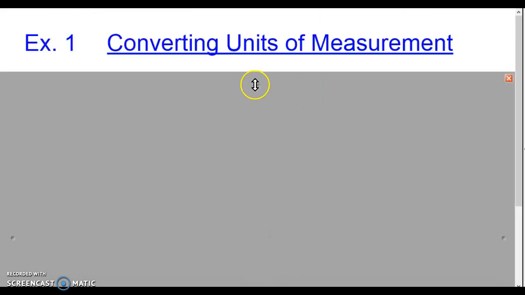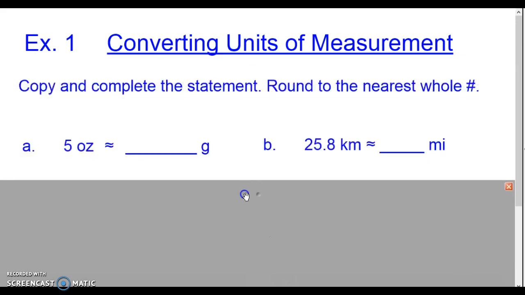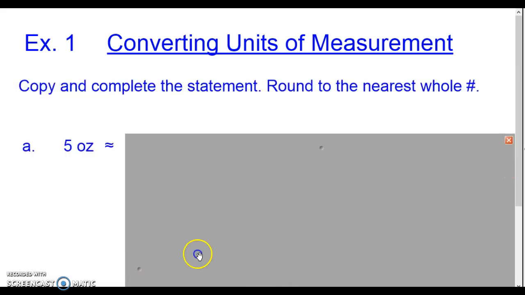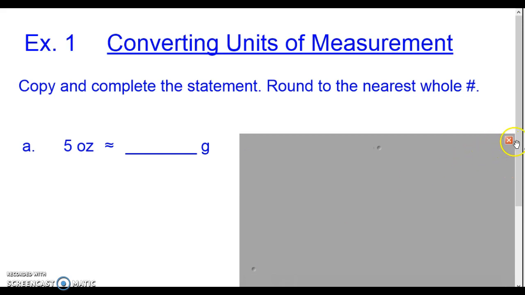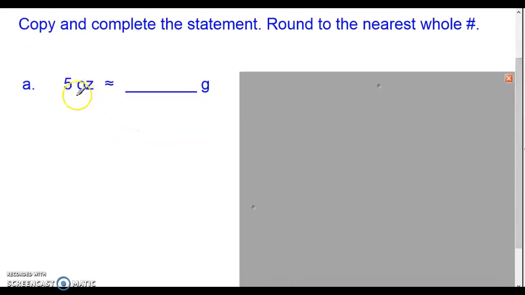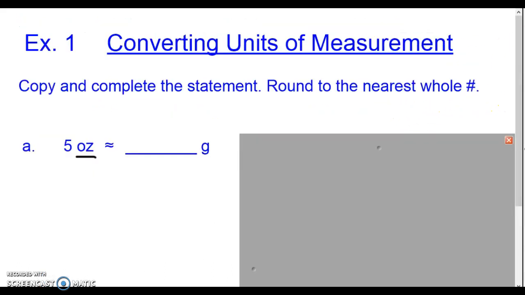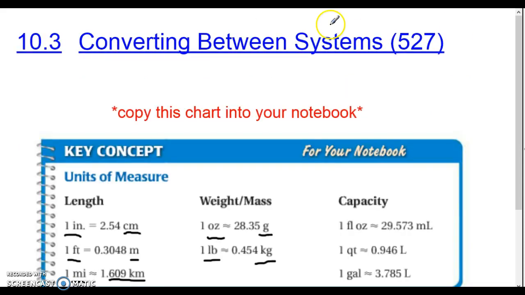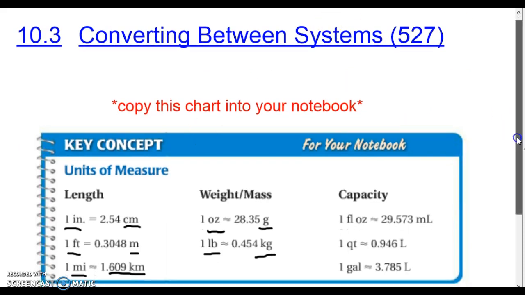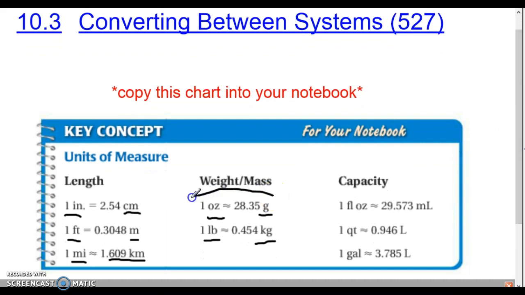Okay, converting units of measurement. So copy and complete the statement. We're just going to look at the first one, 5 ounces to grams. So we know we're starting with ounces, and you would go back and look here and say, where do I have ounces to grams? So ounces to grams is going to be right here.